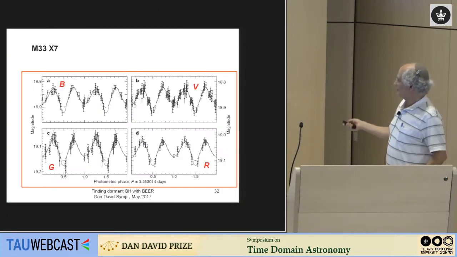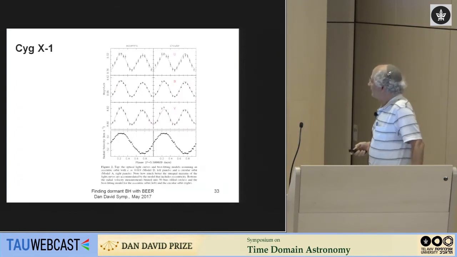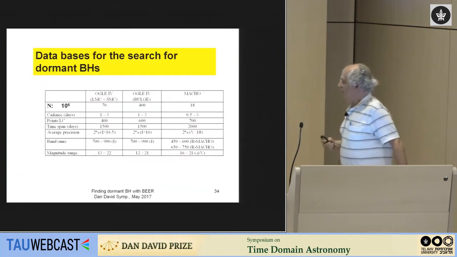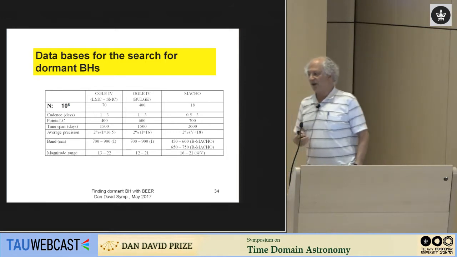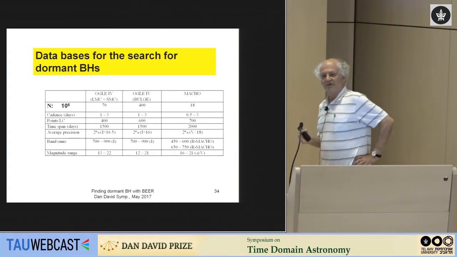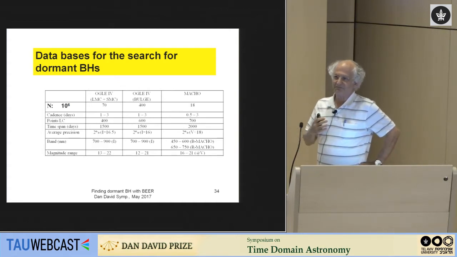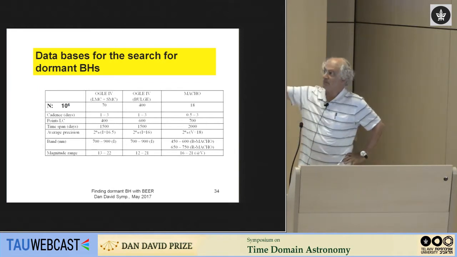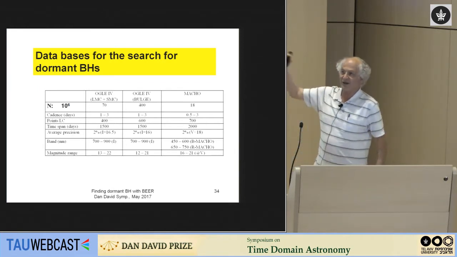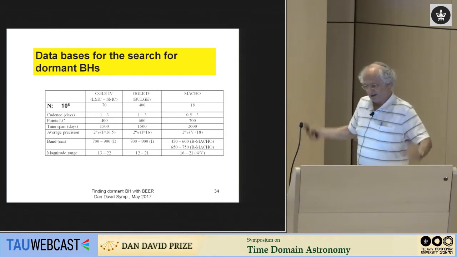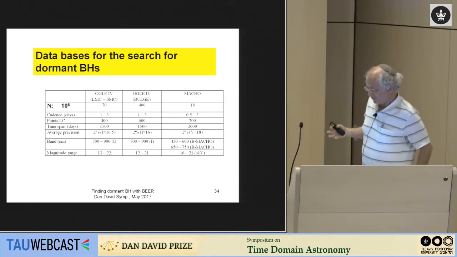Okay, so I just remind you that this is the light curve of a real black hole. Another one, right? So now, in order to find a black hole, we have to analyze many light curves, because I can argue that 1 out of 10 million or 1 million stars have a black hole companion. So you have to have a big data set, big light curves in order to find them.